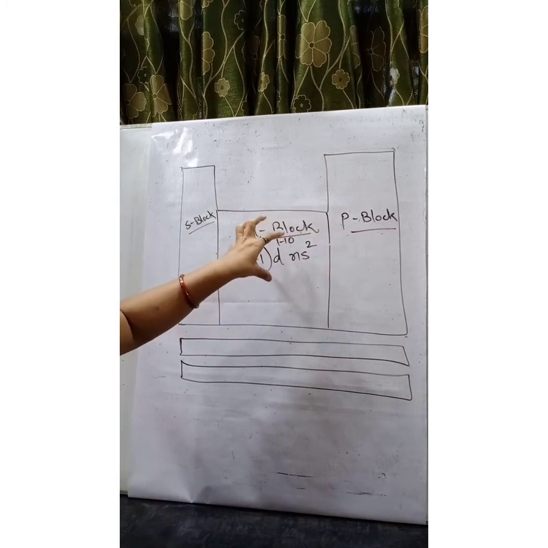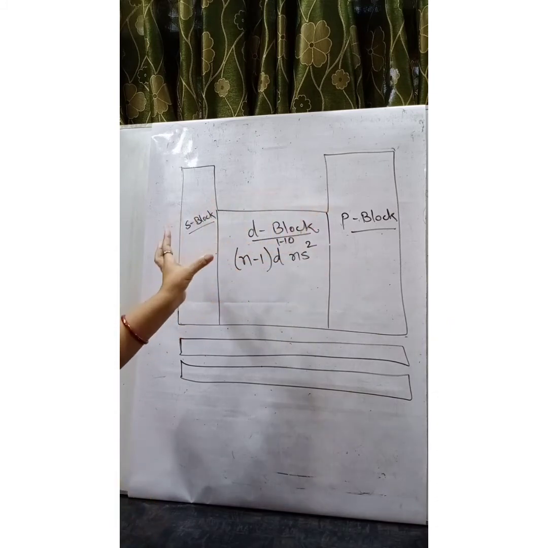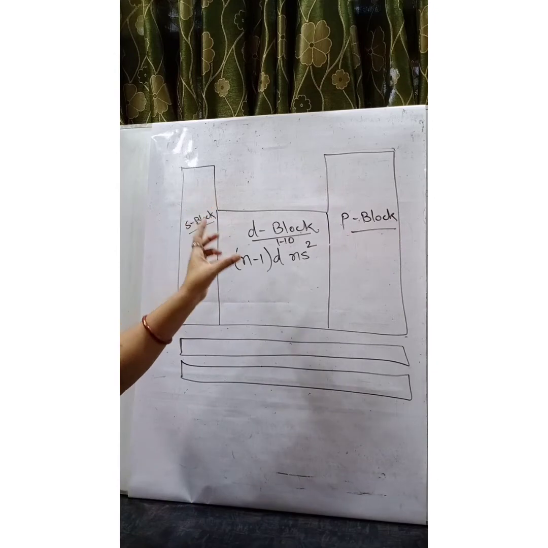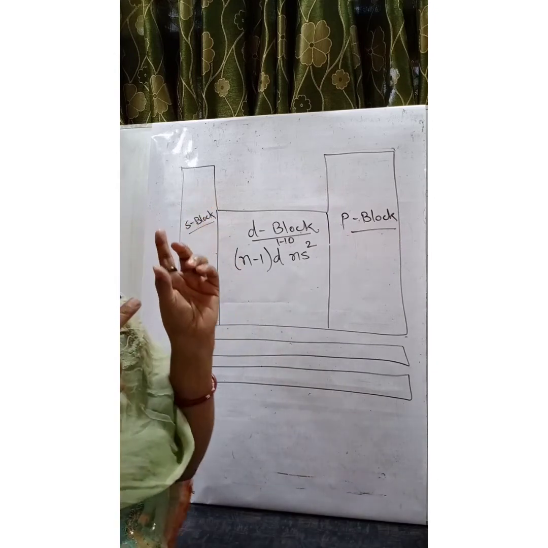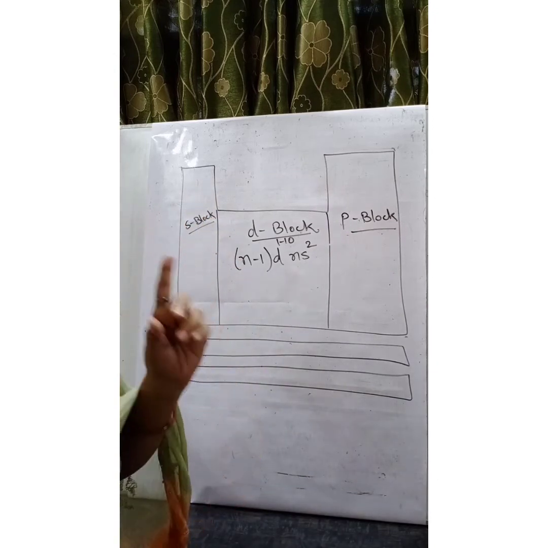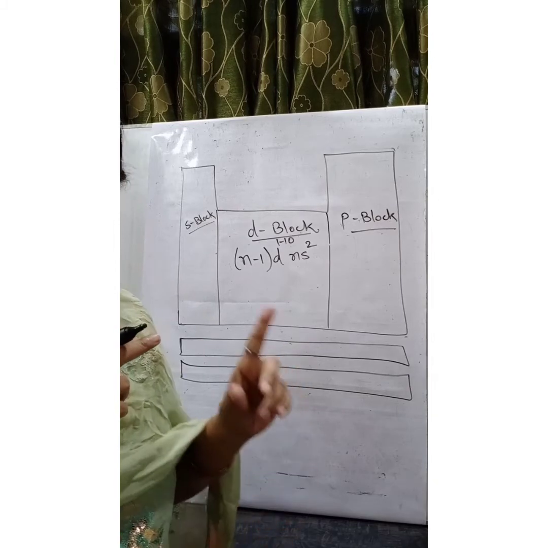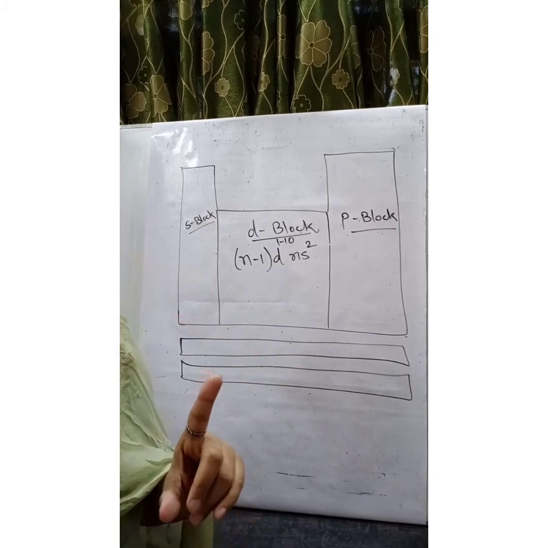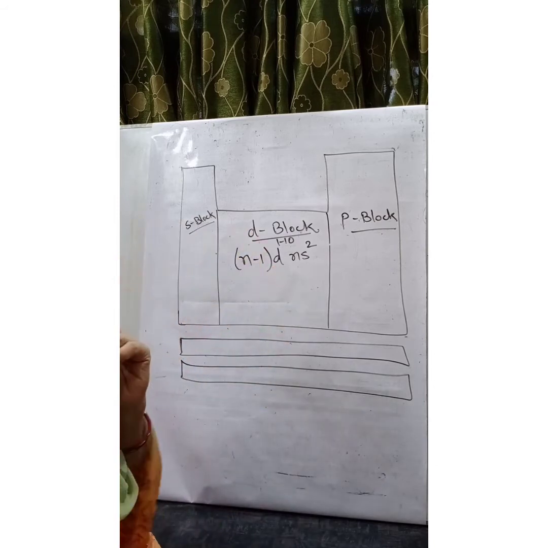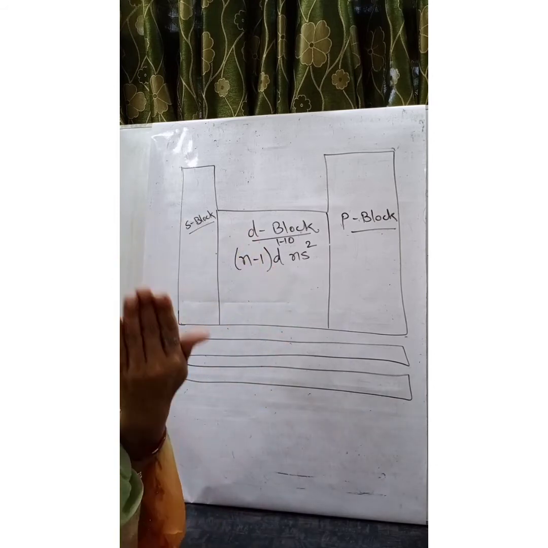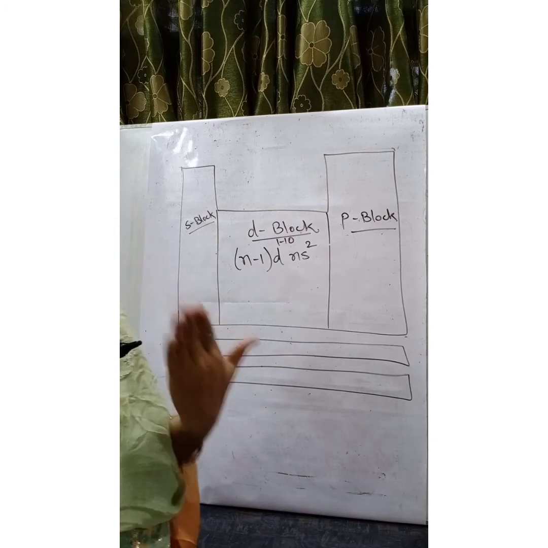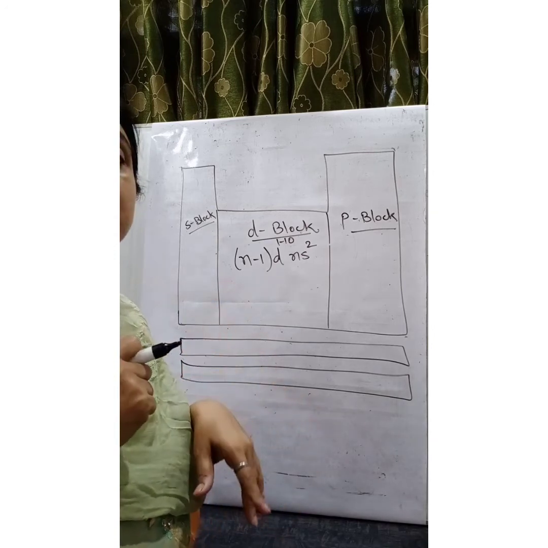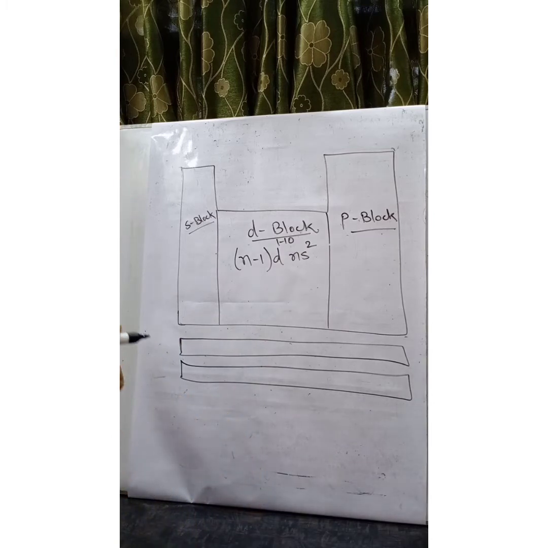Since they show intermediate behavior between S block and P block, they are also known as transition elements. All transition elements are members of D block, but all D block elements are not transition elements. Transition elements are basically those D block elements which have incompletely filled D orbitals.